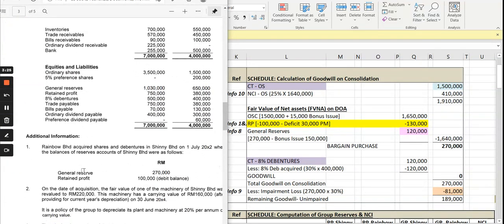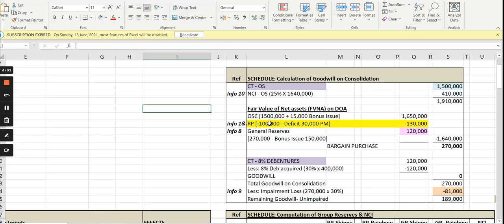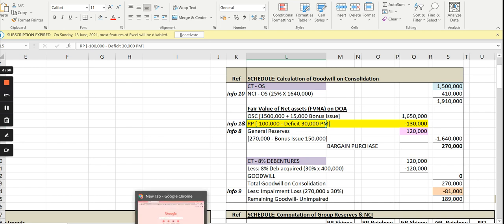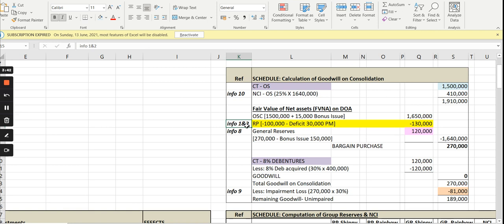The first thing that you will do is take the retained profit balance. However, the retained profit balance that you have here is a negative figure, so it is a loss. Remember, when we were doing adjustment number 1 and 2, it involved a deficit, and that deficit is being debited to the retained profit.